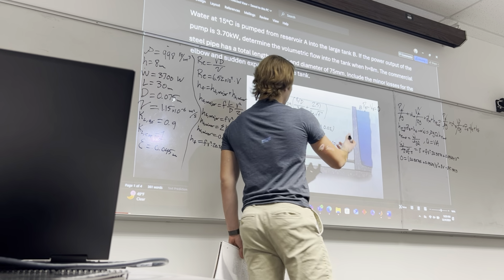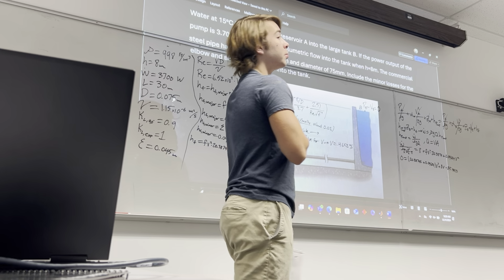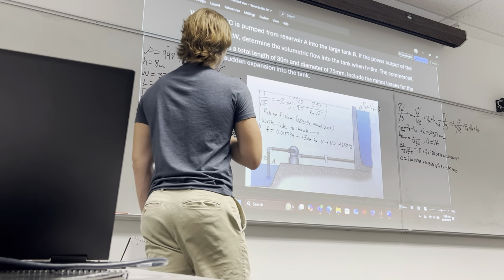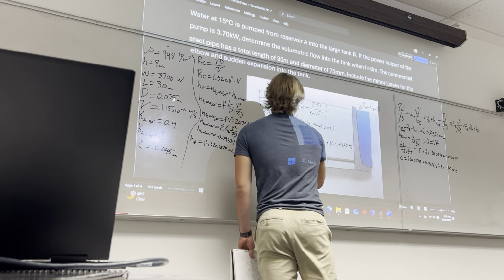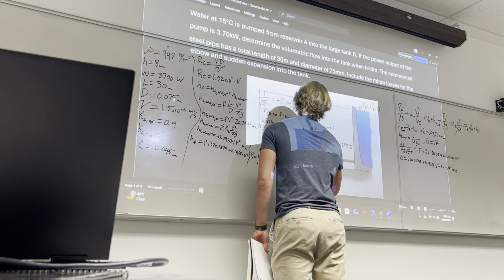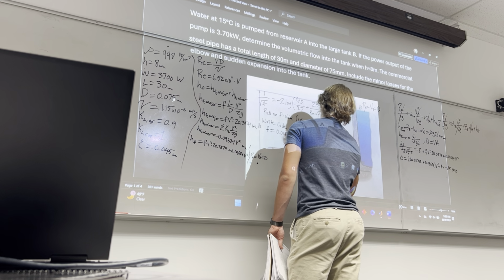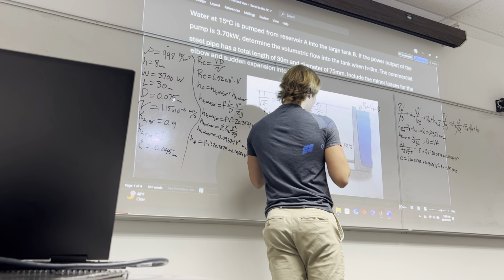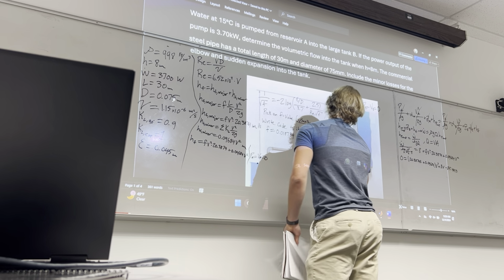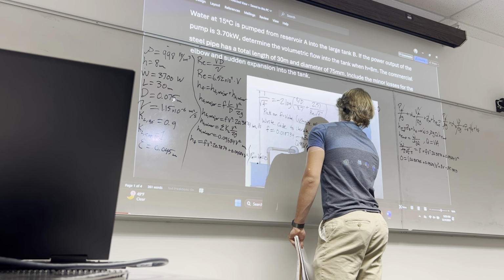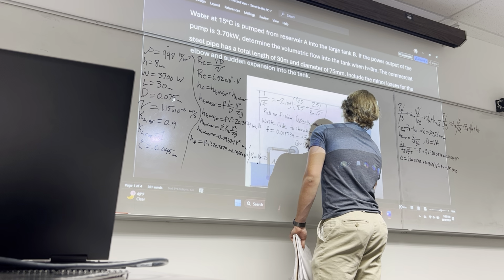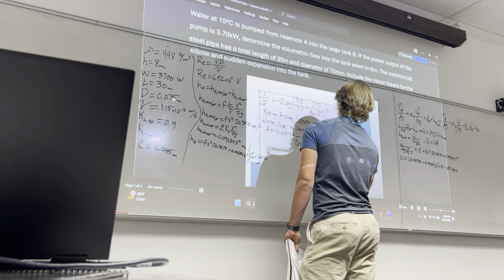And then now we know our velocity, so we can plug in and find our volumetric flow rate. Using that, we get Q equals VA. Q equals 0.0205 cubic meters per second, right?